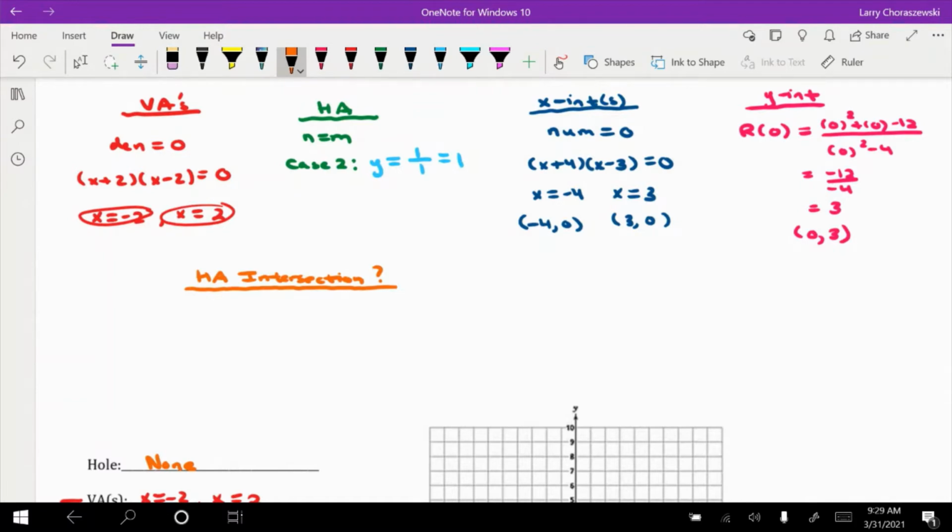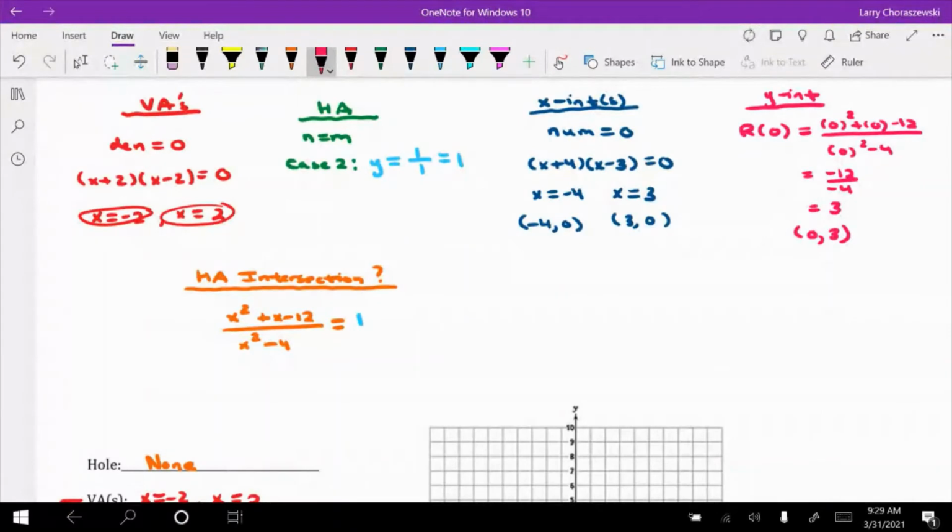Now, to see whether or not this crosses the horizontal asymptote, we're going to set our standard form version of the rational function equal to the value of our horizontal asymptote, which is 1. And we're going to solve for x.